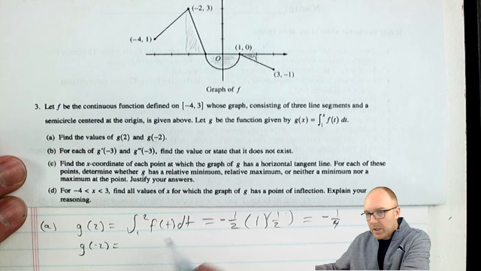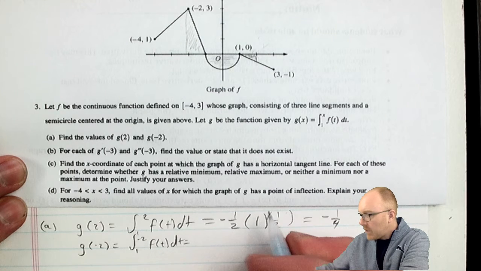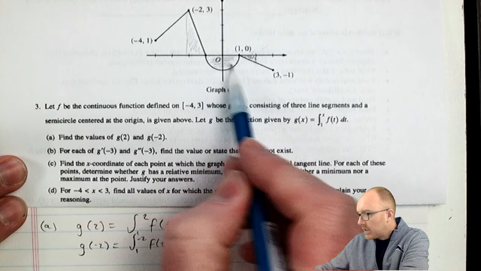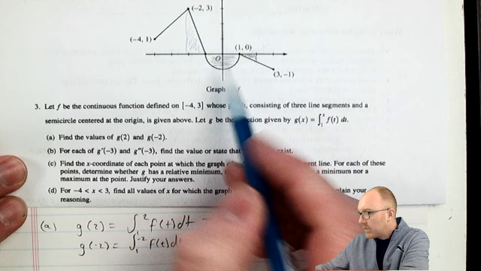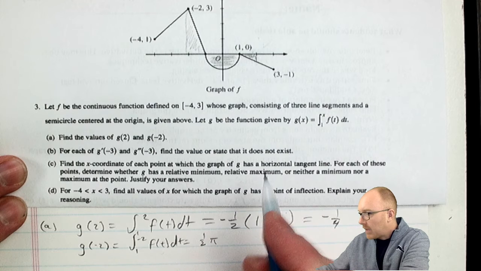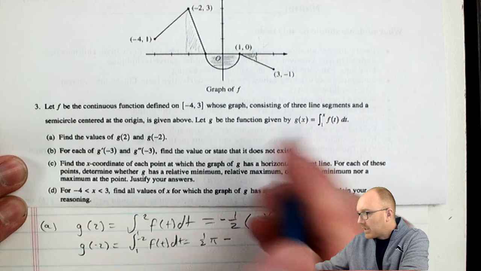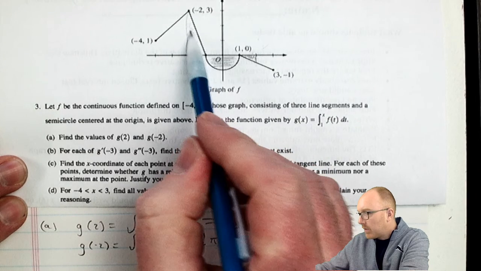All right, so let's try this. So the integral from 1 to -2 of f of t dt, we know this area, it's a semicircle, they told us. The radius is 1, so 1/2 pi times r squared. R is 1, r squared is still 1. Minus, because we're integrating backward, this is going to be a negative area.